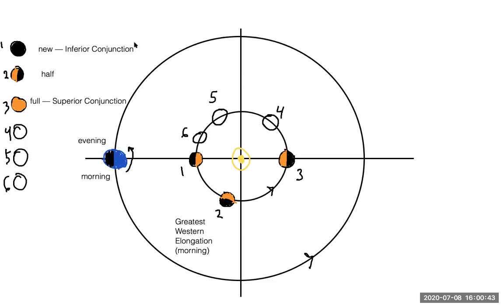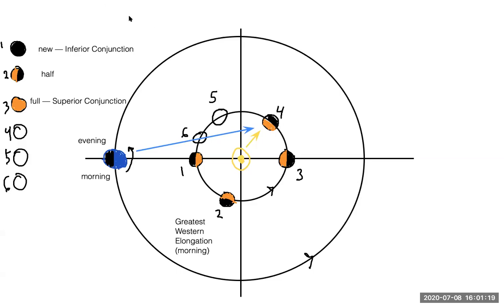But I did want to include 4 so that you can see what its phase looks like. 4 is one of the harder ones to draw. So let's see if I can get it right the first time. So 4 is going to be shaded so that this half, let me actually pick the correct tool first, this half is the bit that faces the sun, and this other half is the bit that faces away from the sun.